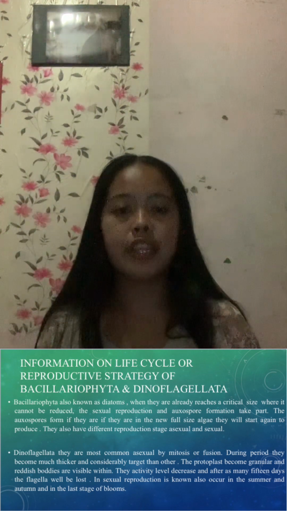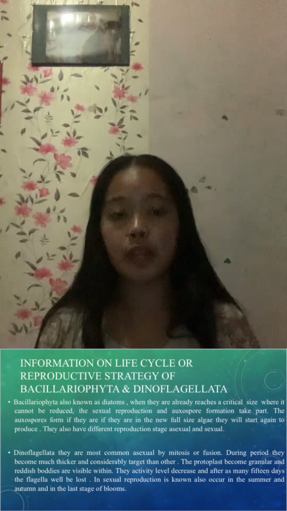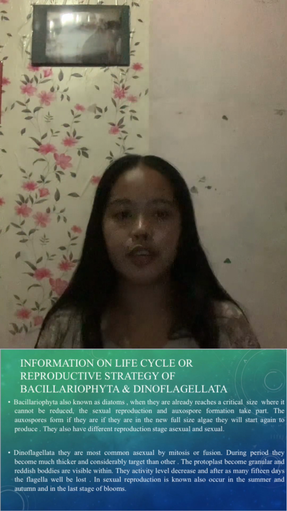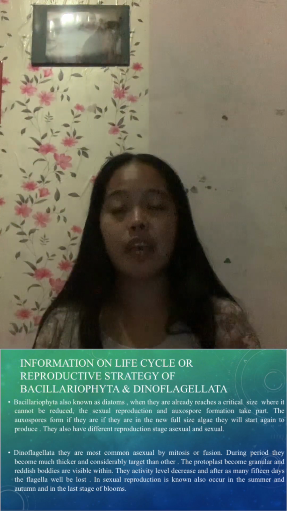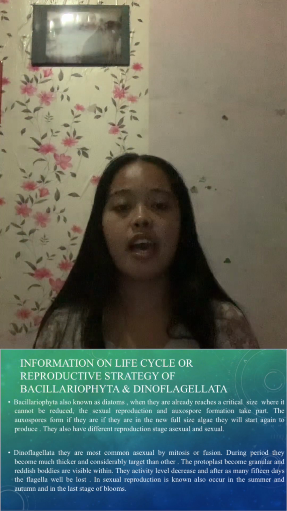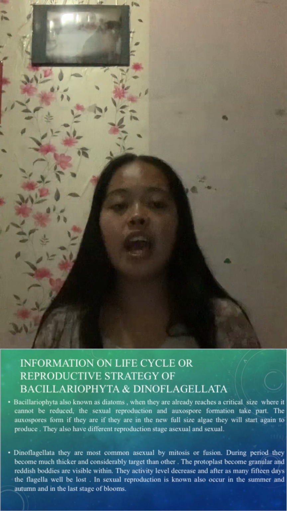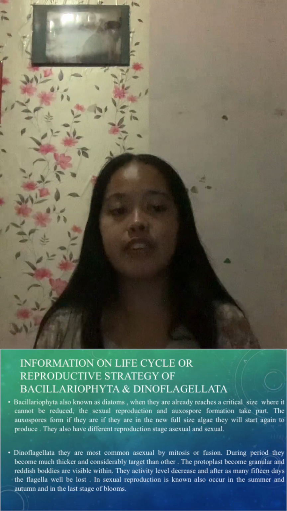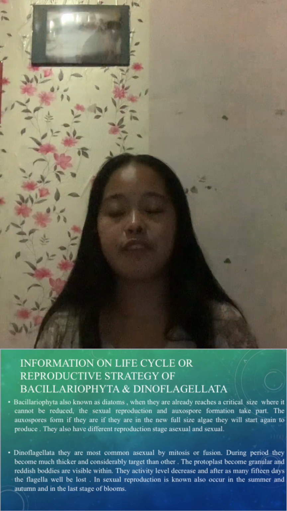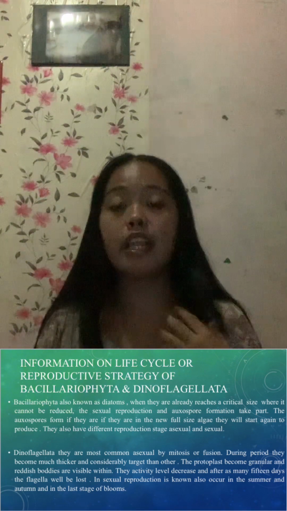During this period, they become much thicker and considerably larger than others. The protoplasm becomes granular and reddish bodies are visible within. They actively decrease in level, and after as many as 15 days, the flagella will be lost.